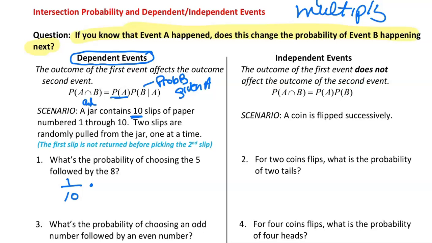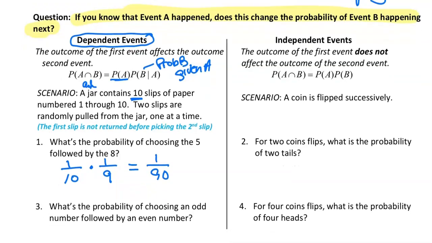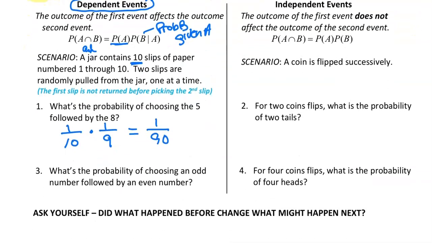There's 1 8 in there, but there's only 9 pieces of paper left because I left 1 out. So that's 1 over 9 and not 1 over 10. Okay, the fact that you've already picked a number out of the bag or out of the box or out of the jar and don't put it back has an impact on the divisor of the second event.